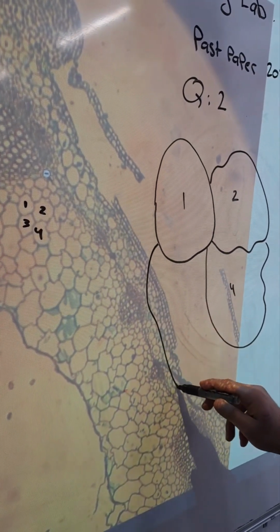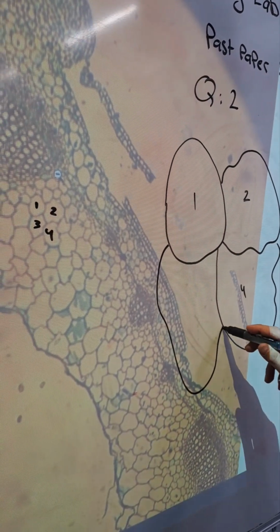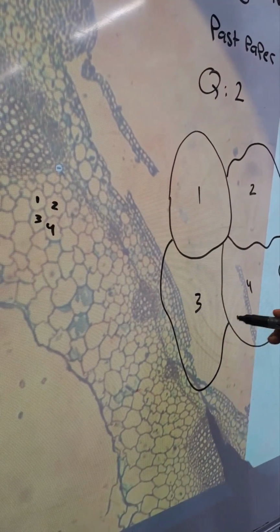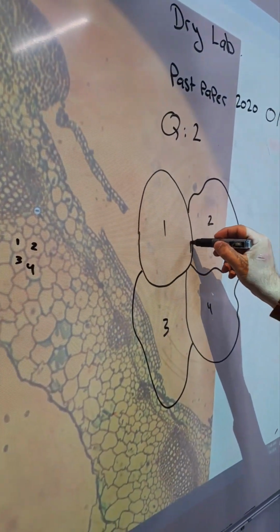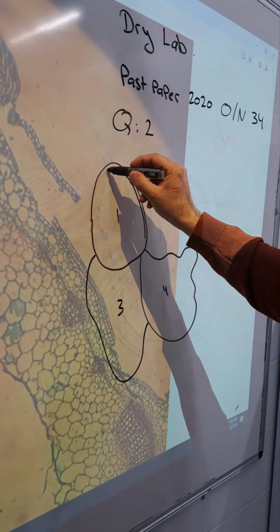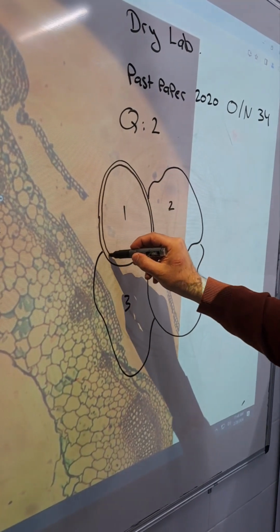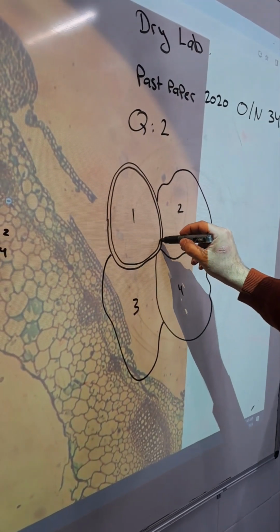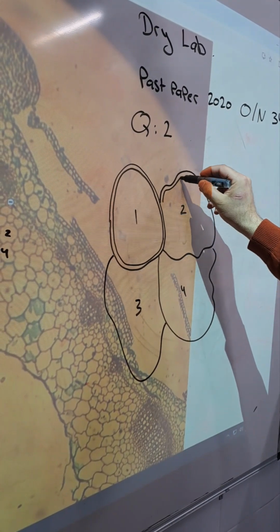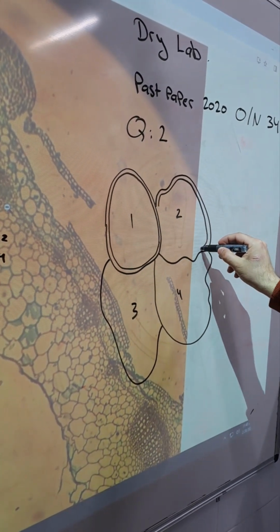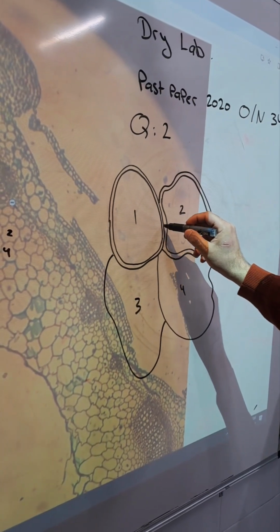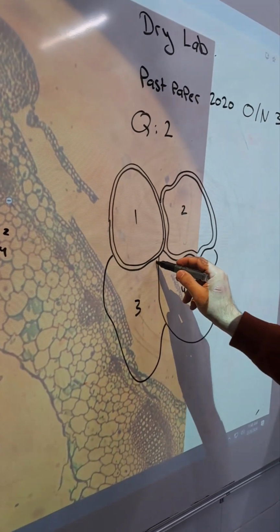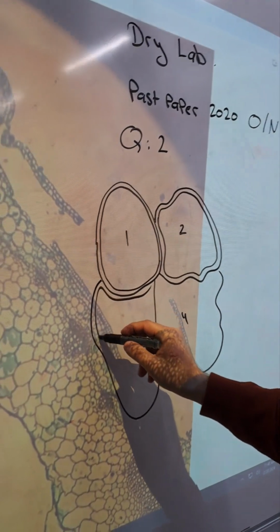This is number 3, I think. And that's it. Those are the 4 cells. Now you need to make 2 lines to represent the cell wall. So here's the cell wall represented by 2 lines. And make sure that whenever 2 cells touch each other, there are going to be 3 lines in common. So here is 1, 2, and 3 lines. And here is 1 line inside.